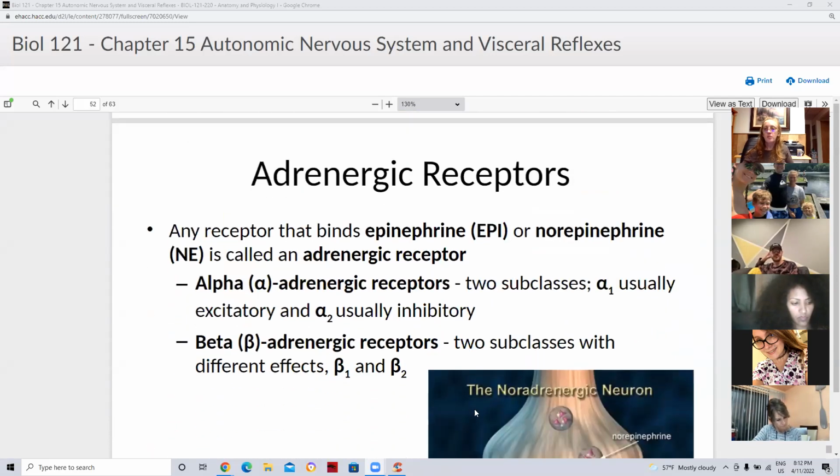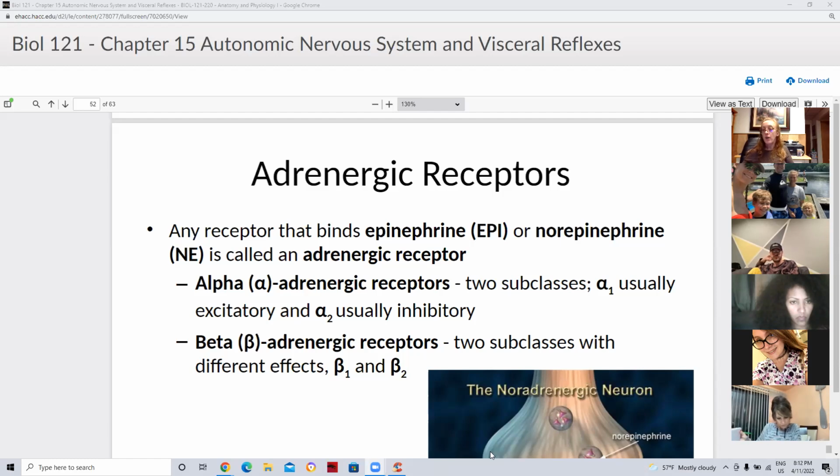We have two types of adrenergic receptors. We have alpha adrenergic receptors. We have two classes: alpha 1 that's usually excitatory, and alpha 2 that's usually inhibitory. And then we have beta adrenergic receptors.